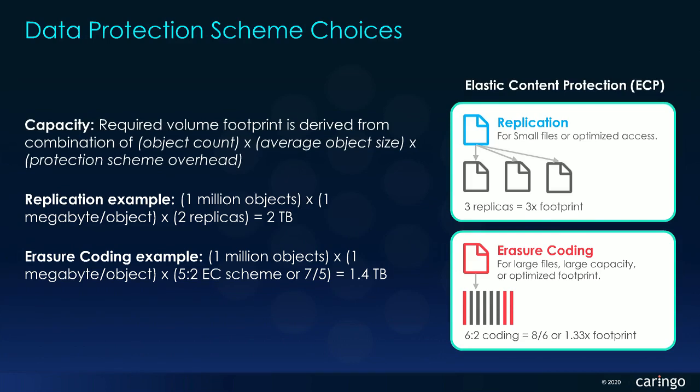I can withstand 2 simultaneous failures in my environment and still be able to retrieve that file. And I am going down on the amount of space that I'm going to use on the system. It's just 40% overhead in this example, right? And you have another one that is 33% overhead on the right-hand side with 6.2 erasure coding.